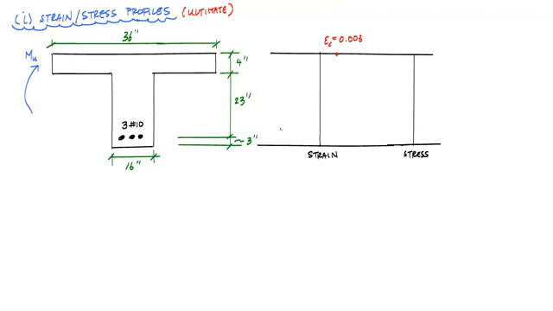And here, when we draw this line out for the strain profile, we're going to assume for now that the depth of the equivalent stress block that we're going to use for the stress profile is within the flange. And here's what the strain profile might look like.